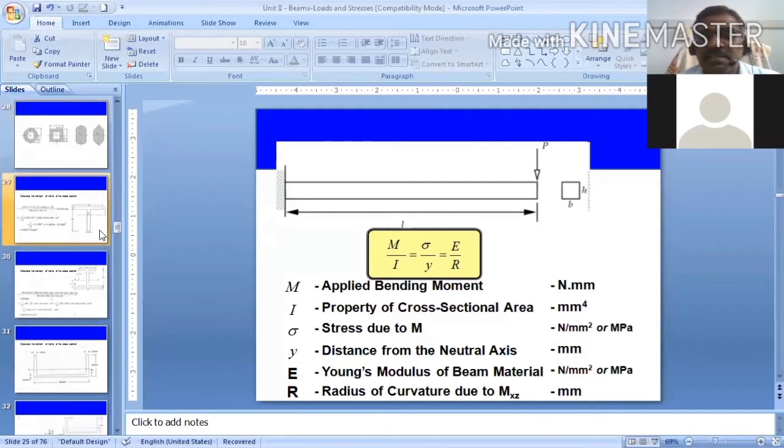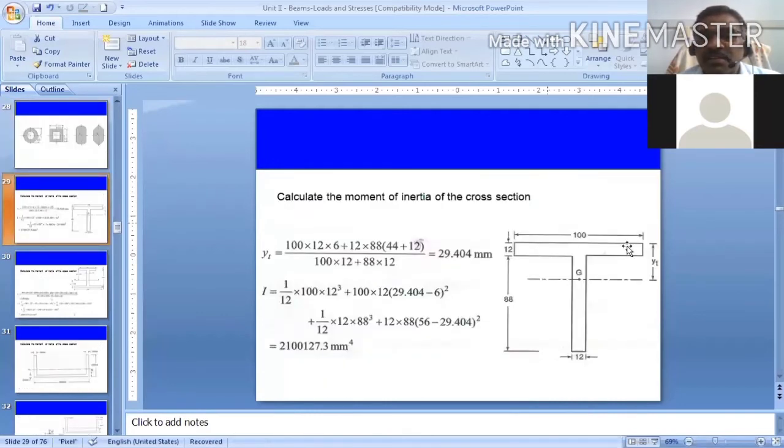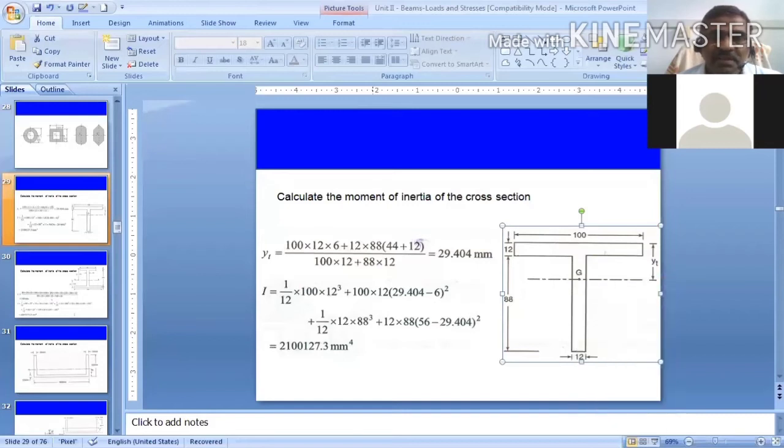Let me take this T section. For this T section, how to calculate the moment of inertia? We will discuss. Already you know all those things, but anyway, I want to revise it.